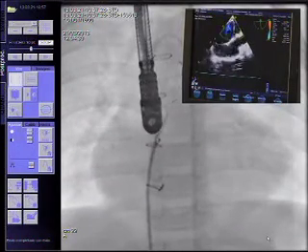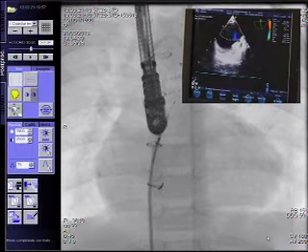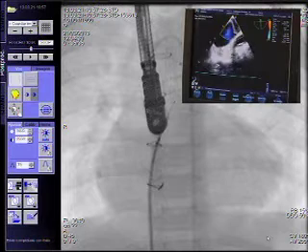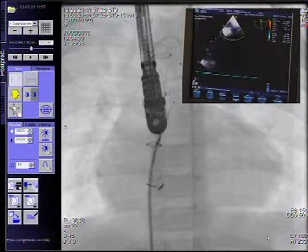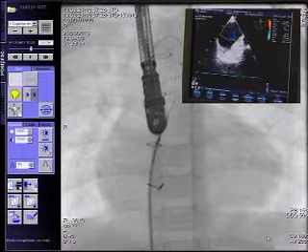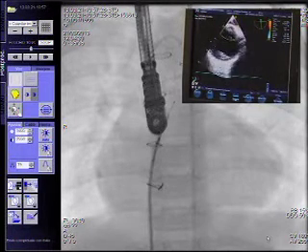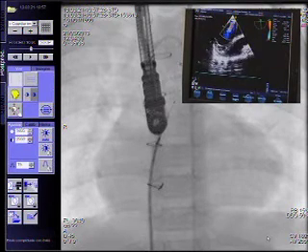I think I'm in the left atrium. I'm not at the top on the echo. Some contrast, please. Contraste, Juan. Un poco más.